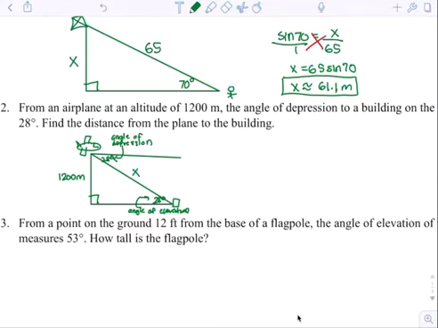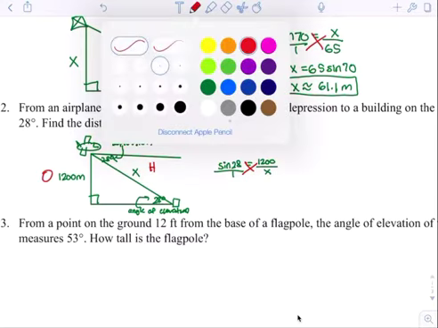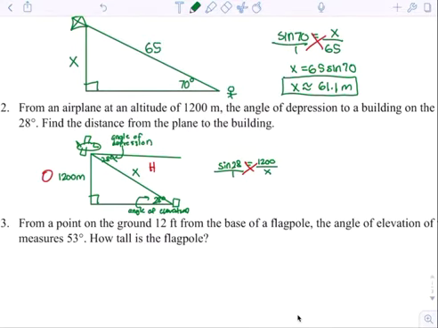So, from the perspective of this angle, we have opposite and hypotenuse. So we're going to get sine of 28 is equal to 1,200 all over x. Put that over 1, cross multiply, and we get x sine 28 equals 1,200.